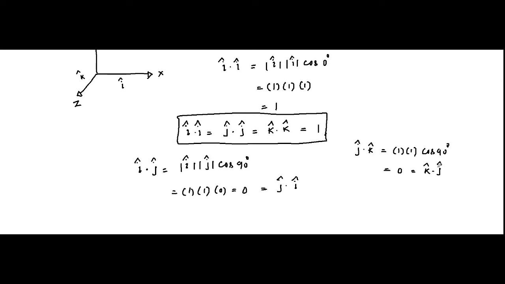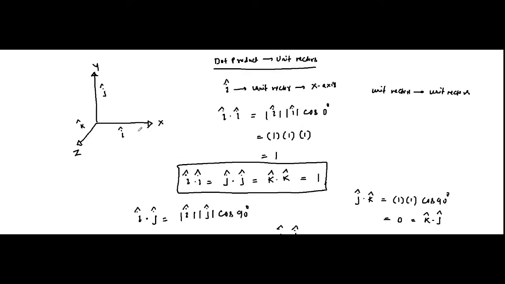Or you do k cap dot i cap, which is equal to i cap dot k cap, that is also the same: 1 multiplied with 1 multiplied with cos 90 degree, because i cap and k cap, the unit vectors along the x axis and z axis, are also mutually perpendicular.